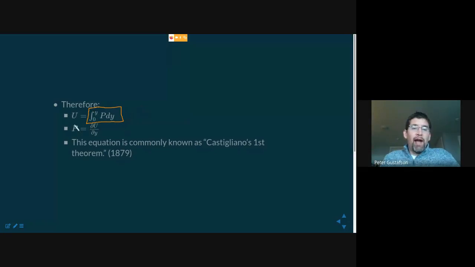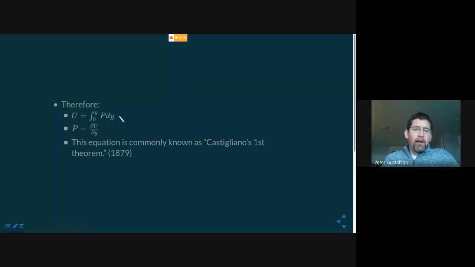We can solve that equation for force, and in this case it was a point force, so we're going to call it P. P is equal to the partial derivative of the strain energy with respect to the displacement at the point of application of load.